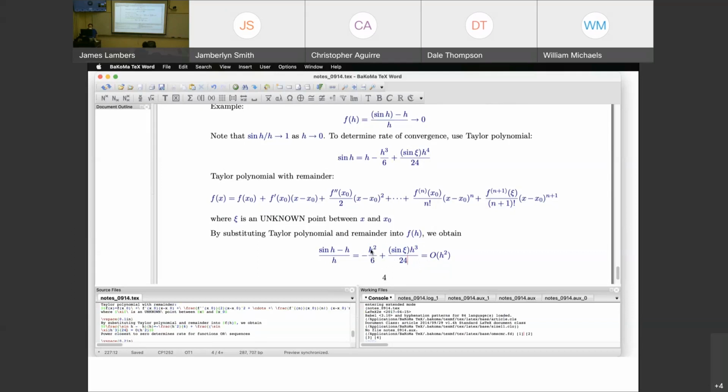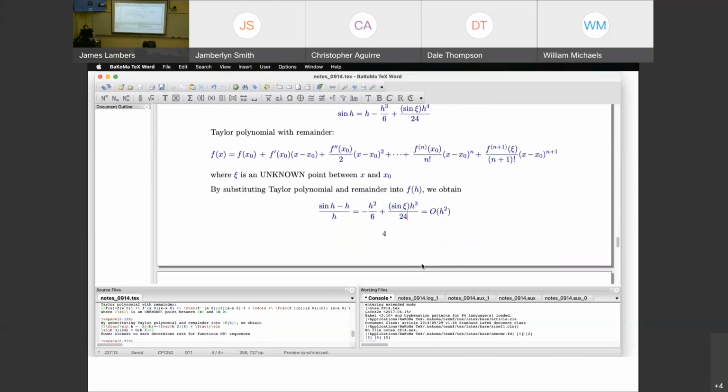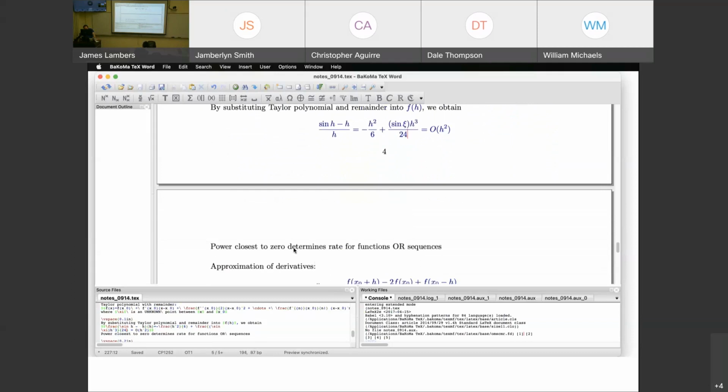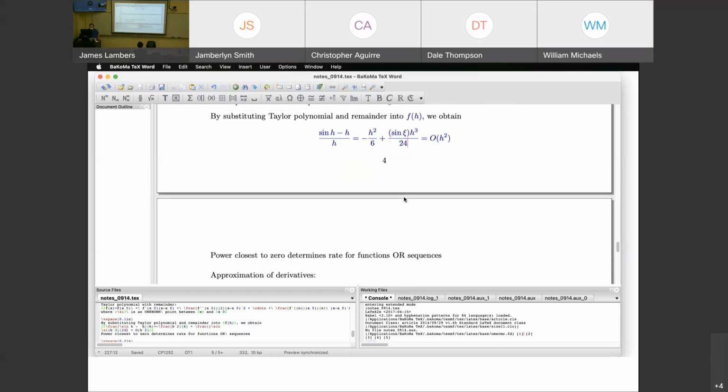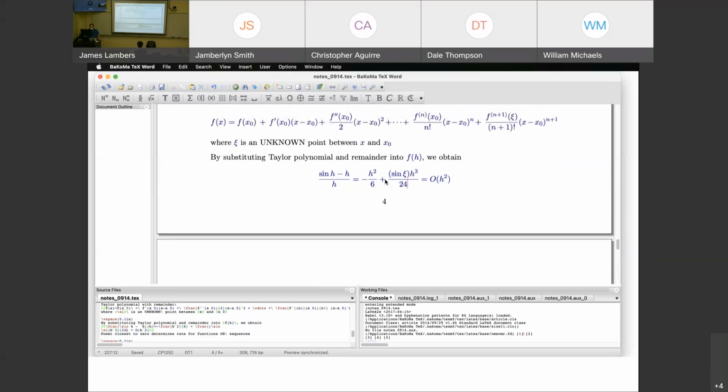As h is going to 0, h squared is going to be much larger than h cubed. So the rule of thumb you can use, in a case like this where you have multiple terms to consider, whether we're dealing with a sequence like the last example, or a function like in this example, is that whatever power is closest to 0 gives you the sharpest rate of convergence.